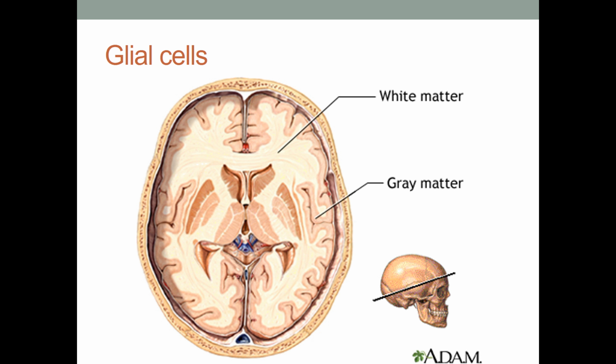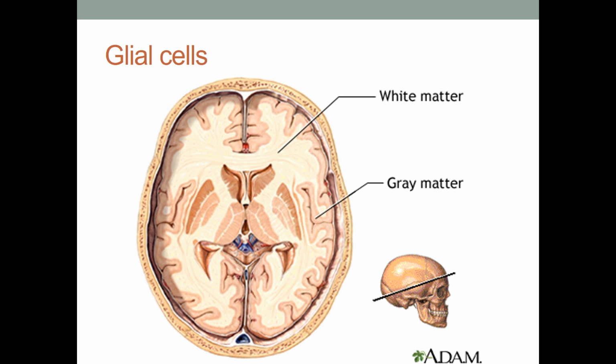Also, the cerebral cortex has some different kinds of tissue inside of it. Gray matter is basically the bodies of the neurons. That's where most of the functioning happens. But a lot of the cerebral cortex is actually made up of stuff called white matter.